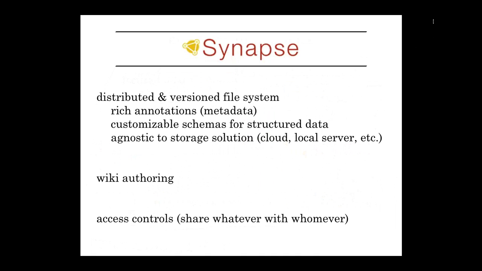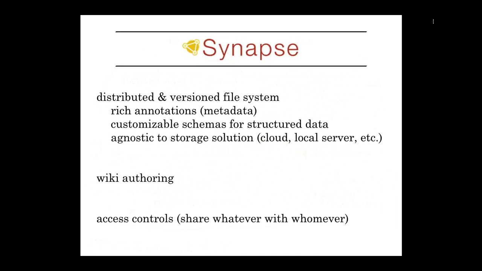And when you really boil it down, Synapse is a distributed, versioned file system where you can richly annotate, providing metadata on top of files that you're sharing with collaborators. We have the concept of web-accessible tables, which I'll show shortly, where you can provide customizable schemas for very structured data to allow queries.